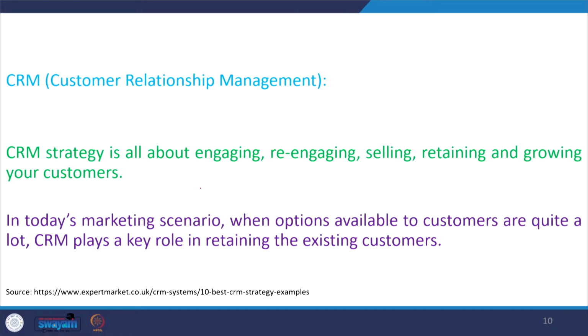So if you ask me personally, though I have told you to figure out strategies, CRM can be a very good strategy whether we talk about online channels or offline channels, if we want that the customers or shoppers who come to our website or store should not move to our competitors. So CRM strategy is all about engaging, re-engaging, selling, as I said, retaining and growing your customers.